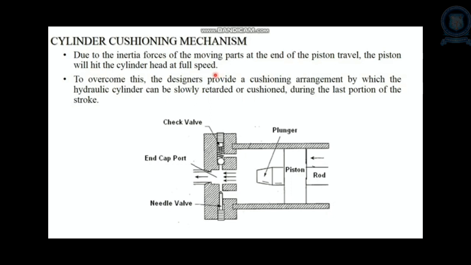When the speed of the piston increases in the retraction or extension stroke, at the end of the stroke it may hit the cylinder head. So damage of the cylinder takes place. To avoid this, we are introducing cylinder cushioning.